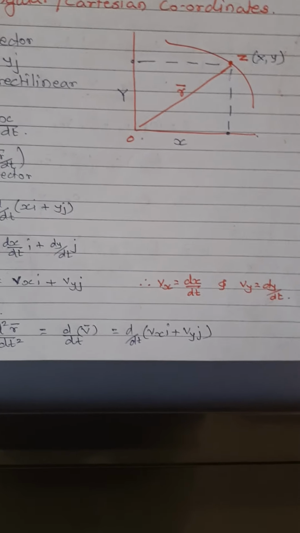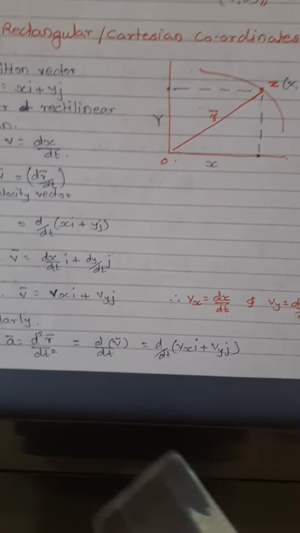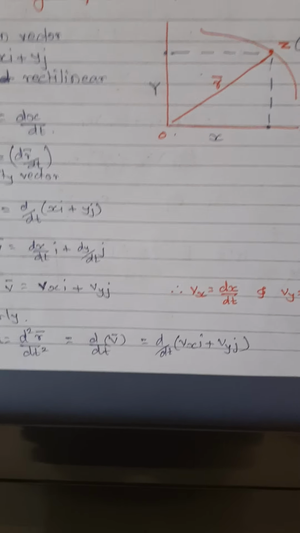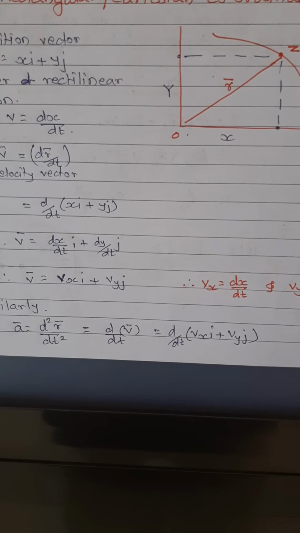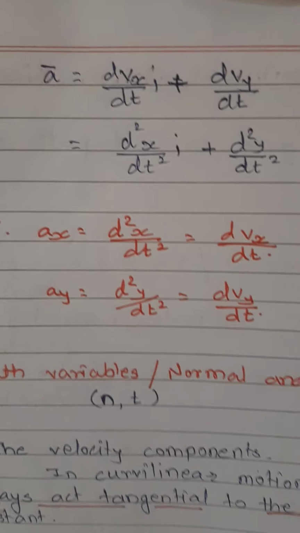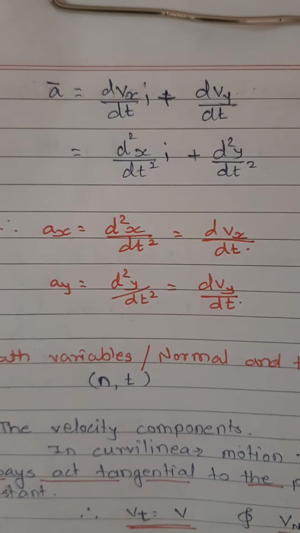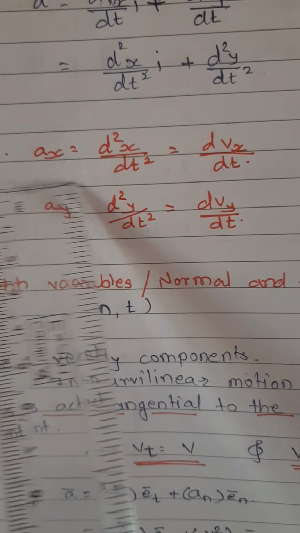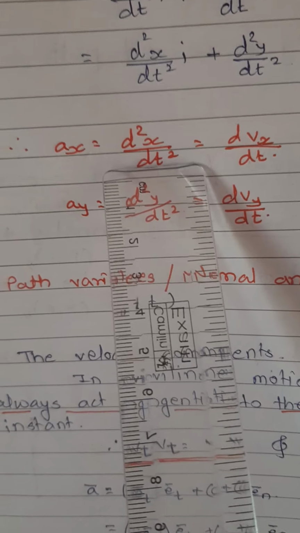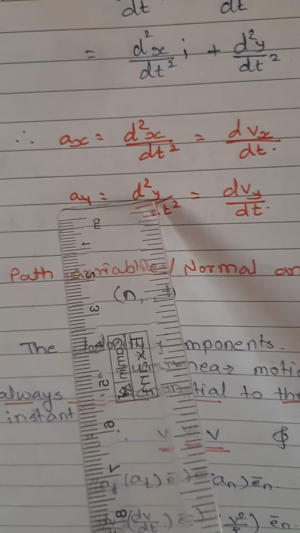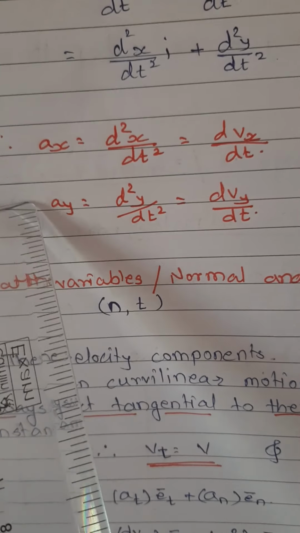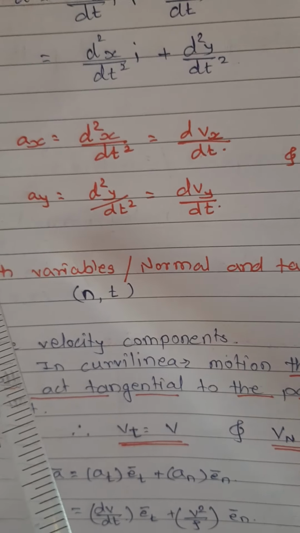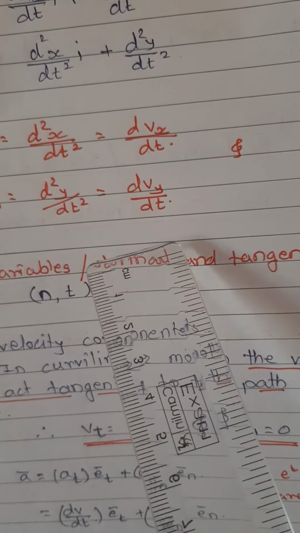And further, to find the components of acceleration along x and y direction, we will further differentiate it and get ax = d²x/dt² and ay = d²y/dt², where ax can also be written as dvx/dt and ay as dvy/dt.